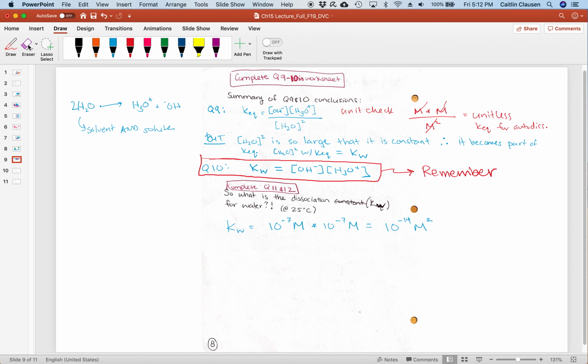But remember, we said that this was unitless because that molar squared is now in the unit itself. So it's just 10 to the minus 14, no units, because the equilibrium constant for water is unitless. Show that right here. So this is always the value for Kw at 25 degrees Celsius.